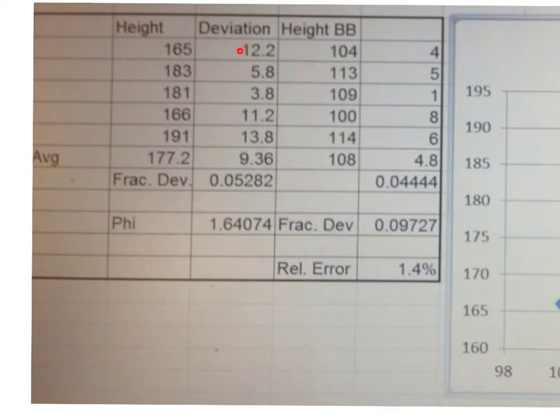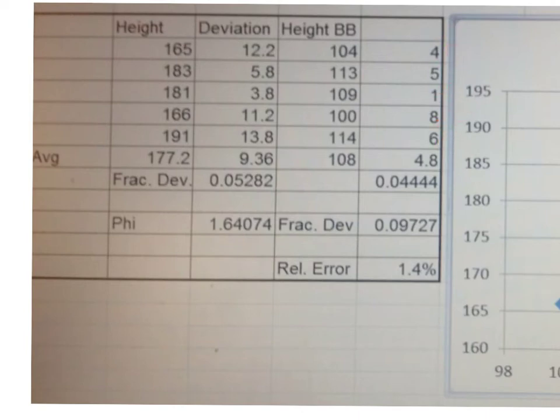So then we are going to do that for our heights. And notice that we go down and we write our deviation for our heights. Then we go to our belly button, do the same thing. We take these numbers, find the average, and the average of all 5 of these gives you 108. And notice 104 minus 108 is negative 4, but we don't write negative 4, we write positive 4. And then we go on down.